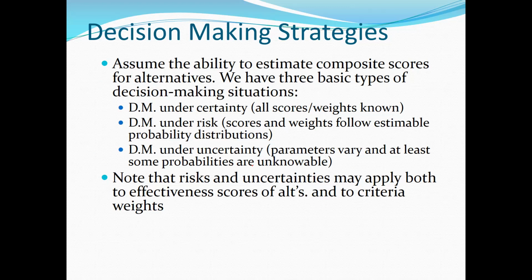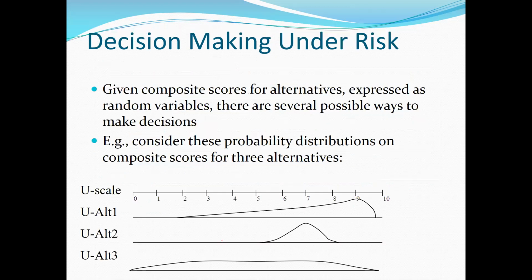So the uncertainty could be anywhere, not just in the score for each alternative. Your weights could also be uncertain because you don't know what situation you're going to encounter, and your weights are going to be dependent on that.